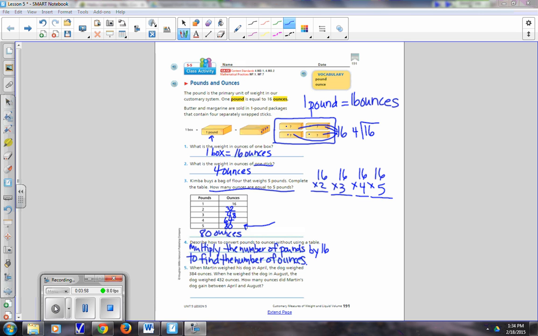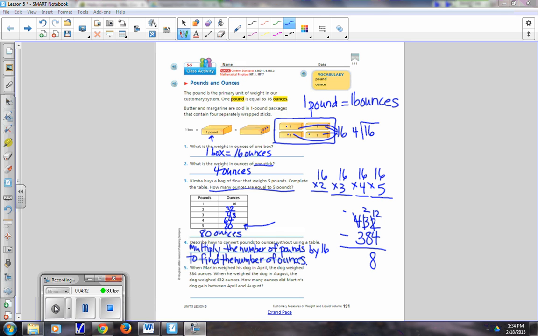When Martin weighed his dog in April, the dog weighed 384 ounces. When he weighed the dog in August, the dog weighed 432 ounces. How many ounces did Martin's dog gain between April and August? Well, that's a subtraction, right? 12 take away 4 is 8.